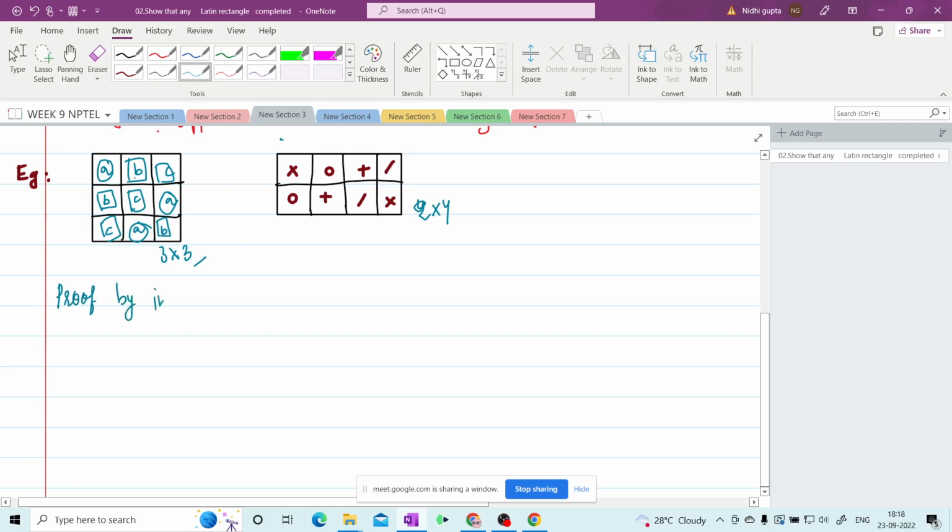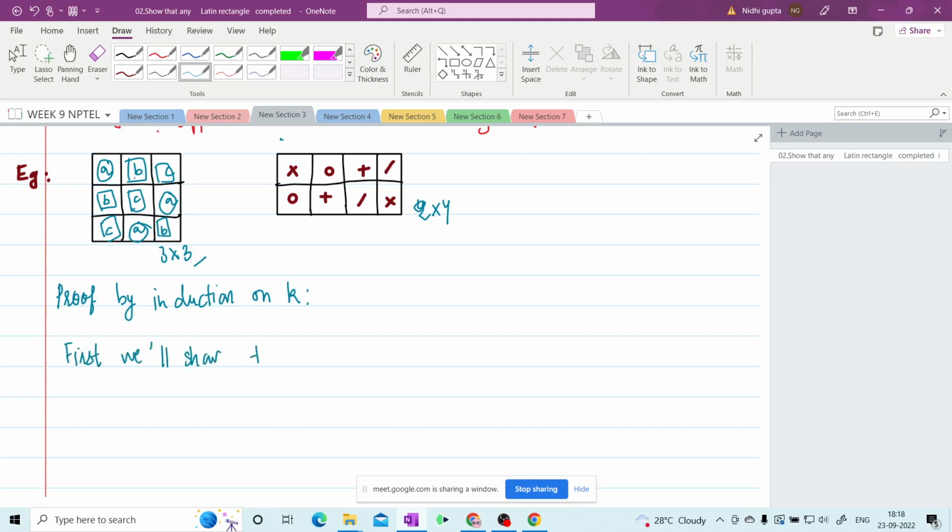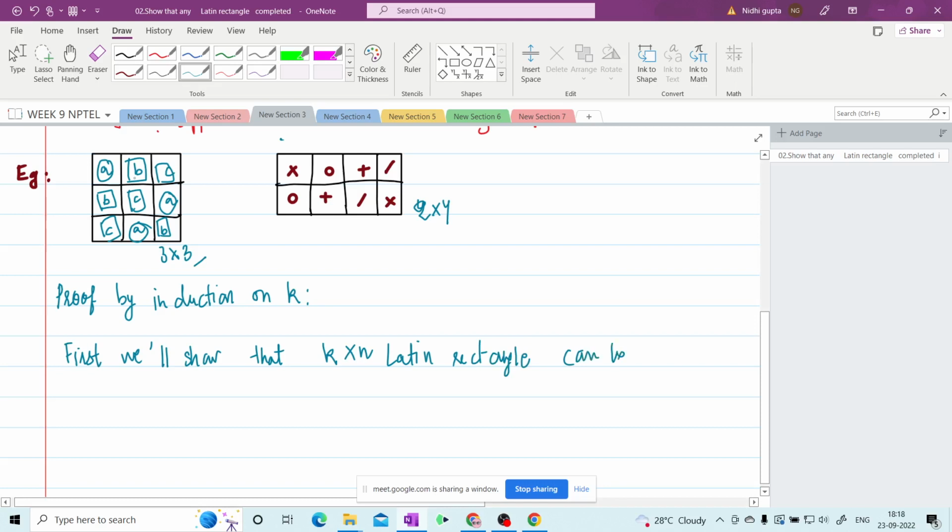by induction on k. By this I mean that first we'll show that a k cross n Latin rectangle can be extended to a k plus 1 cross n Latin rectangle.